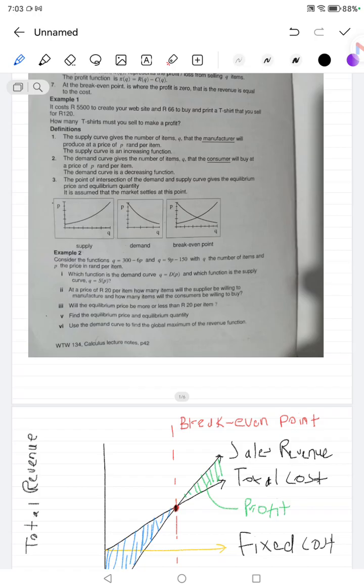Oh yeah, the manufacturer will be able to... I'm also mixing the thing. You see, it's been long since I've done this, and they're saying the manufacturer is the one who is supplying. Then the manufacturer means they will be able to supply about 30.